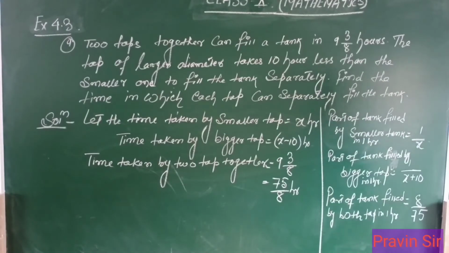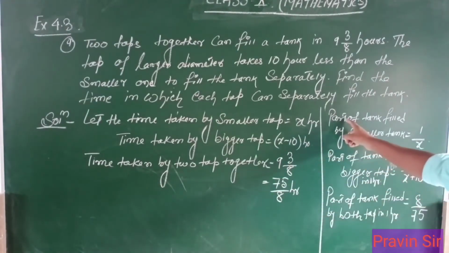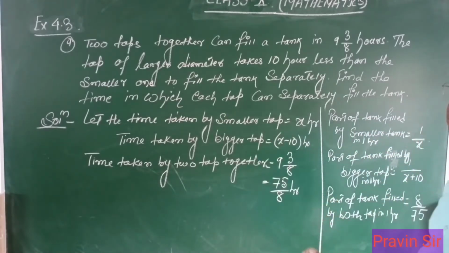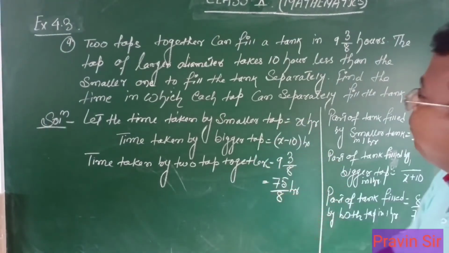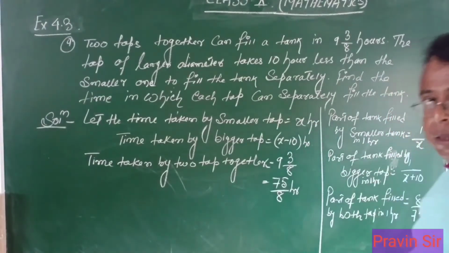Now come to the next part. The smaller tap takes x hours to fill the tank. Now part of the tank filled by the smaller tap in 1 hour. In 1 hour, that small tap can fill how much part? Simply take its reciprocal, 1/x.